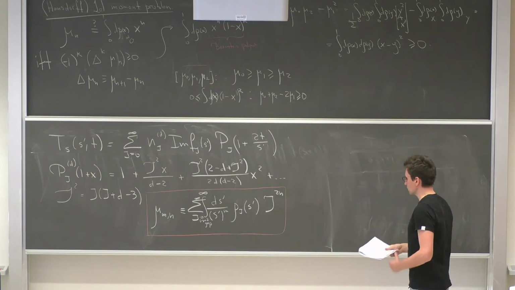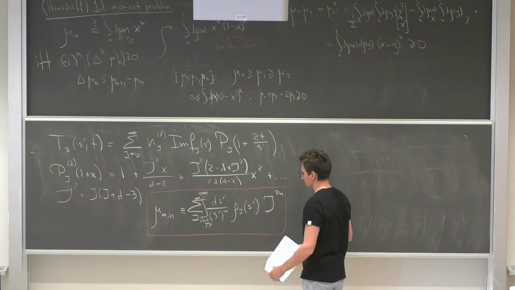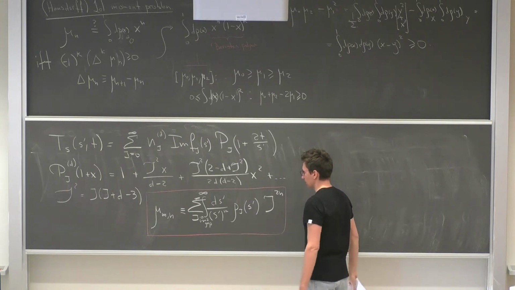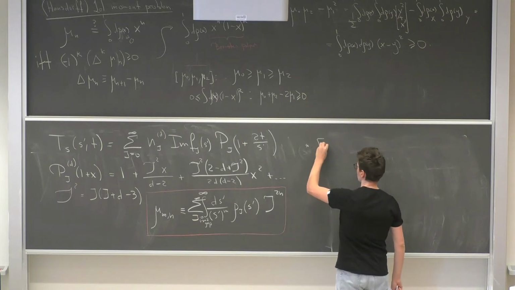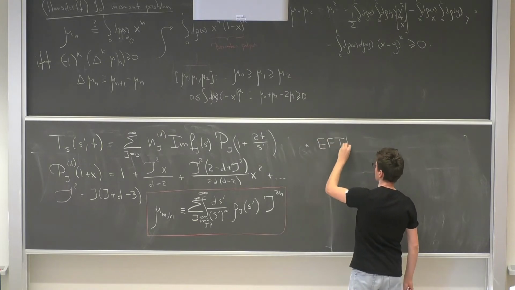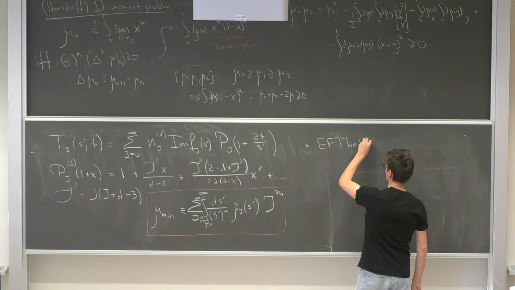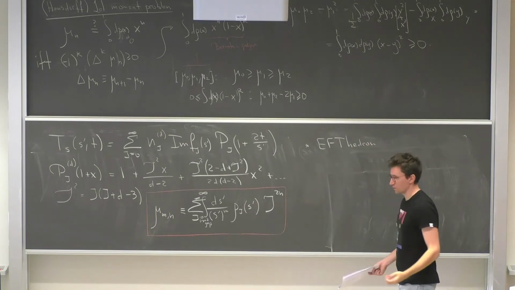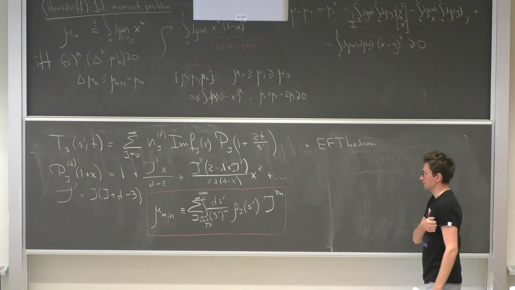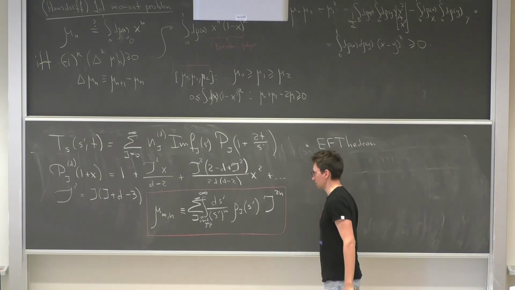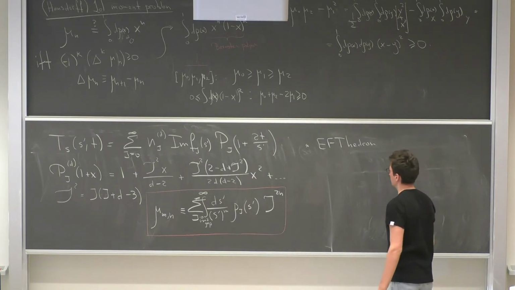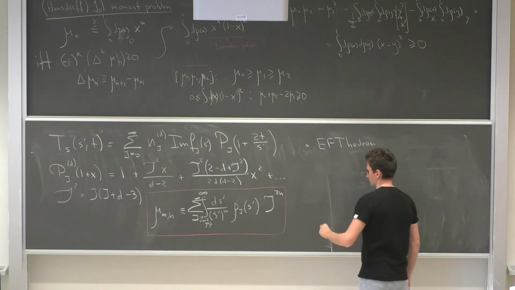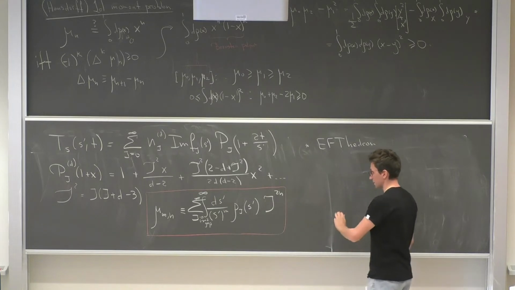And this kind of structure, which appears in the space of Wilson coefficients, was named the EFT-hedron. I guess referring to the geometry that appears underlying this set of constraints.